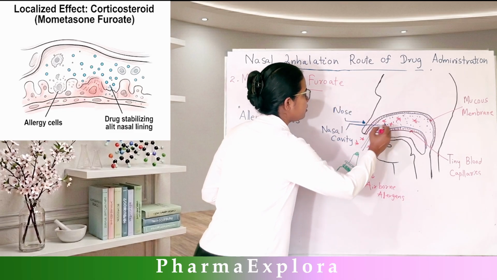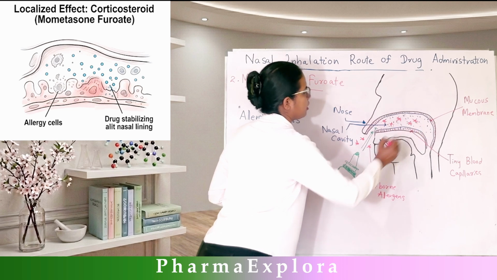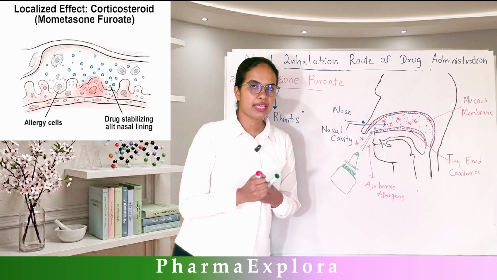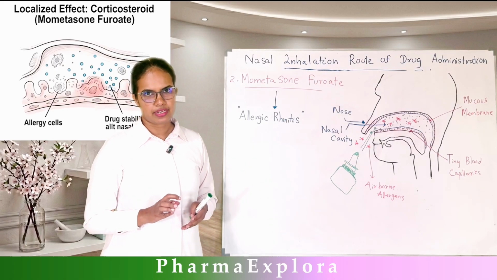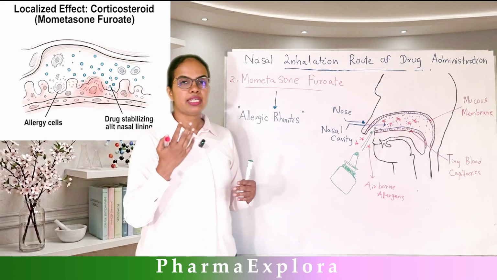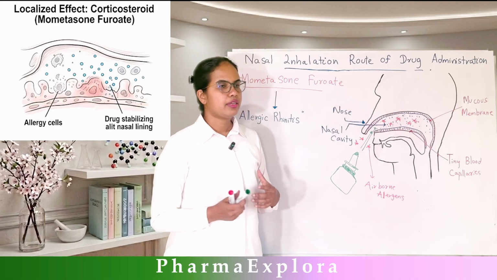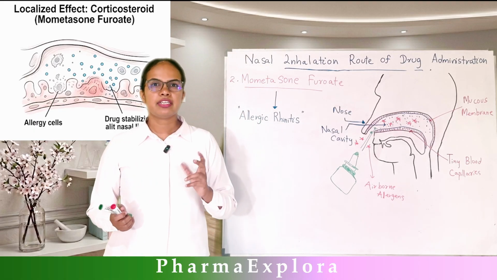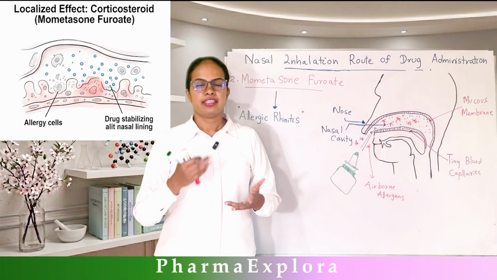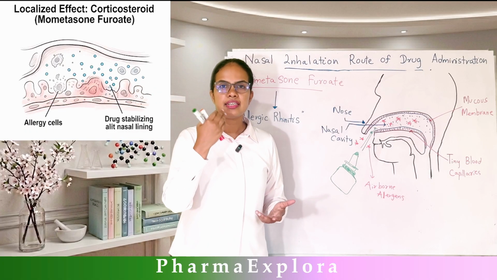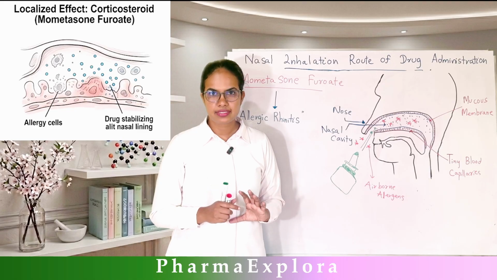Once you inhale those airborne allergens, they go into your nasal cavity and your immune system overreacts to them. It will release histamine and it will generate conditions like itching, rhinorrhea, nasal congestion as well as sneezing.